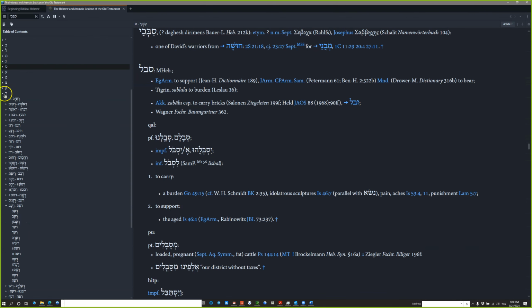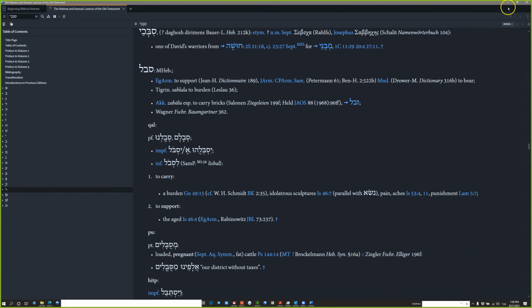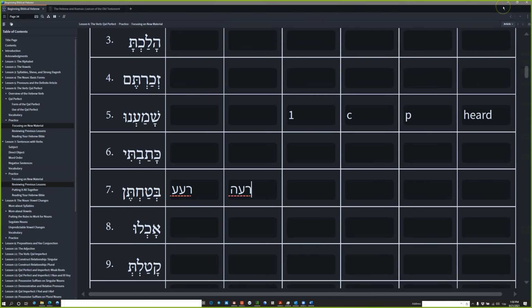There's also the issue that when you get done with first year Hebrew, you're going to have memorized something like 300 to 400 vocabulary words, but there are thousands of Hebrew words in the Old Testament. So you're obviously not going to memorize all of them.